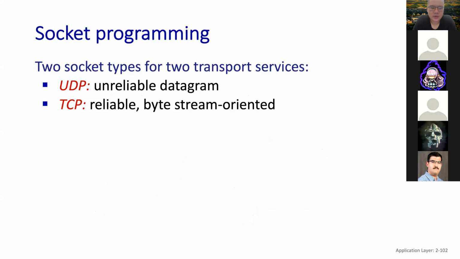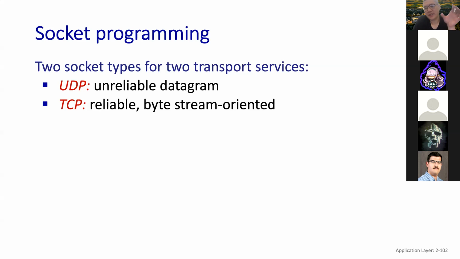And generally speaking, we have two socket types for two transport services. As I mentioned before, we have UDP, the unreliable datagram protocol, and TCP, a reliable byte stream oriented transport protocol. I think you still remember we have a table describing what kind of application can use UDP or TCP.